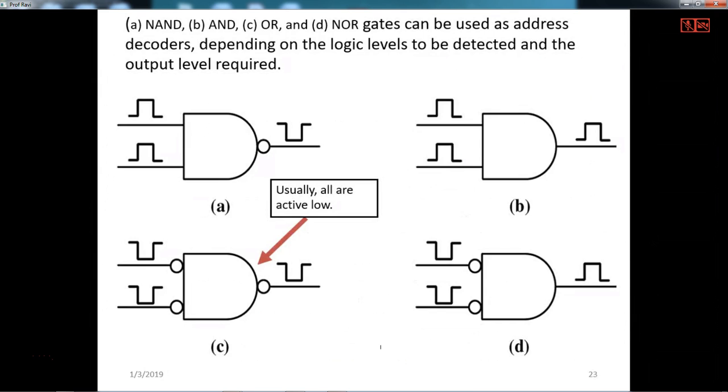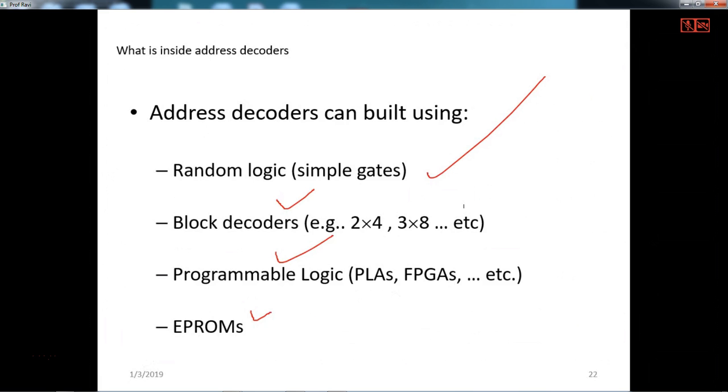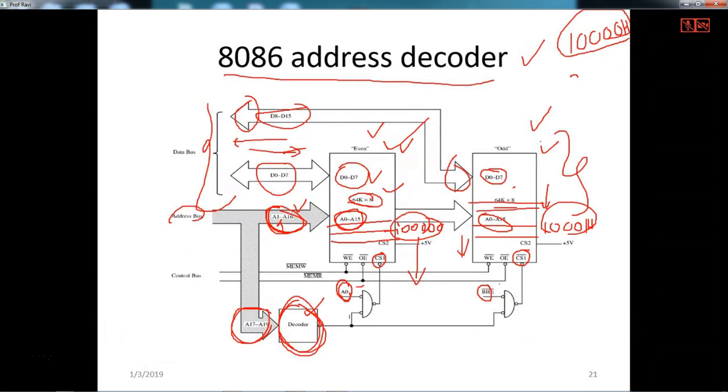So the decoder can be a simple OR gate. Right, so when it is 0, 0, 0, then the output is 0. Output is 0 means this bank is selected. That means here it is 0. This is a simple OR gate. So then this particular thing is selected.